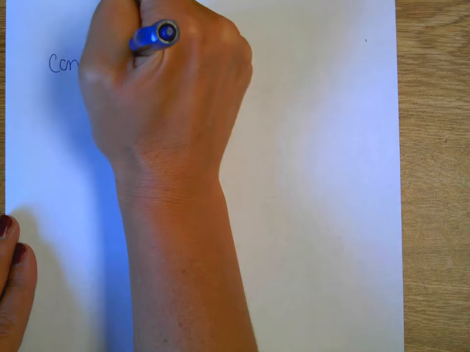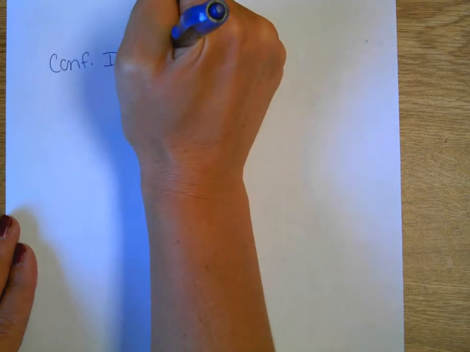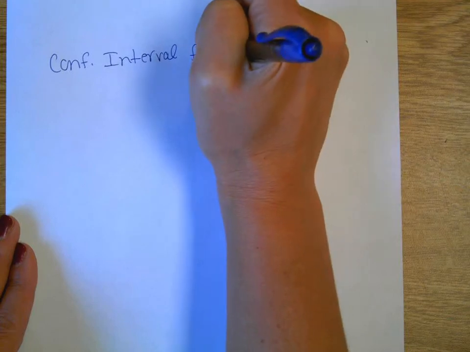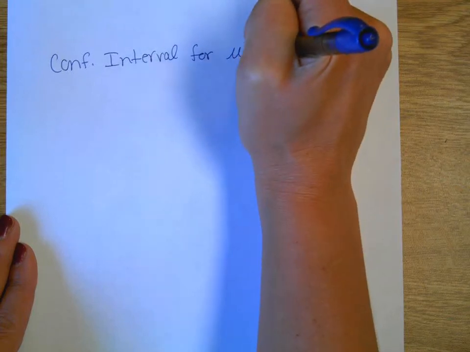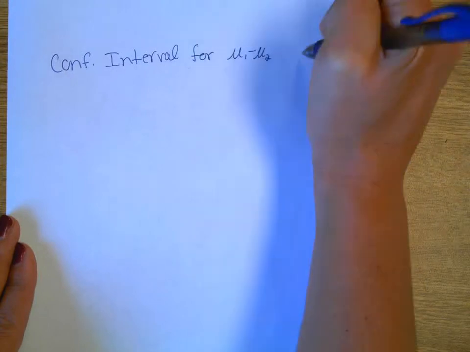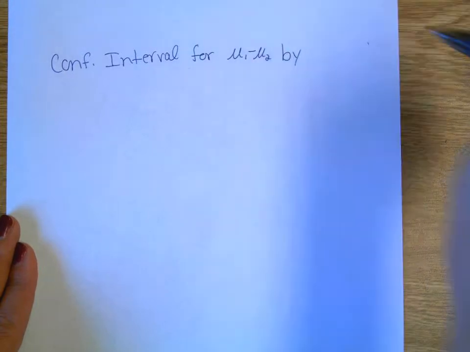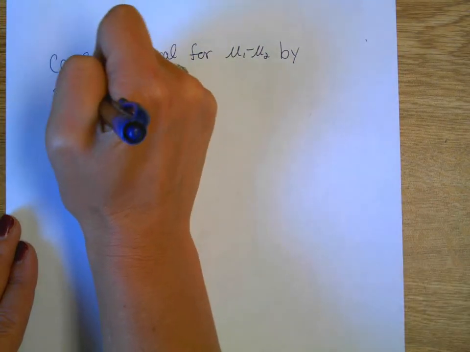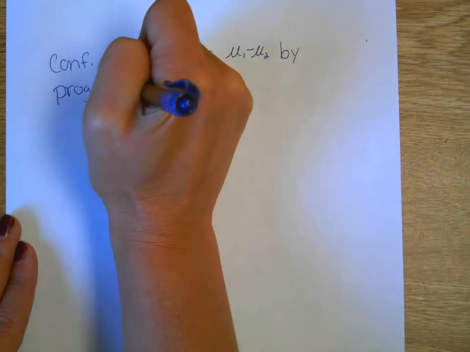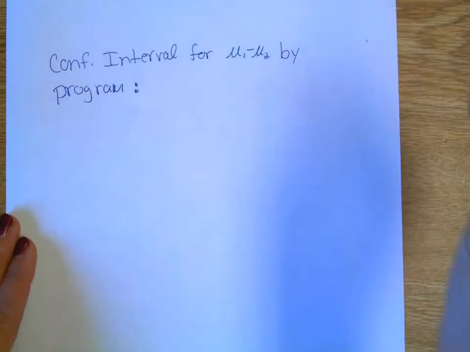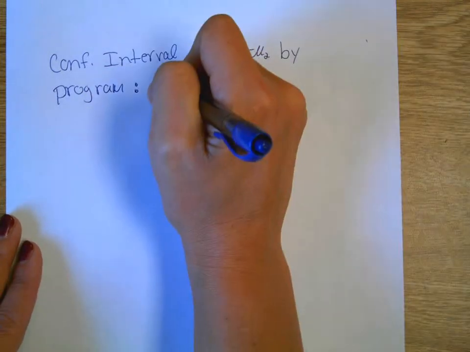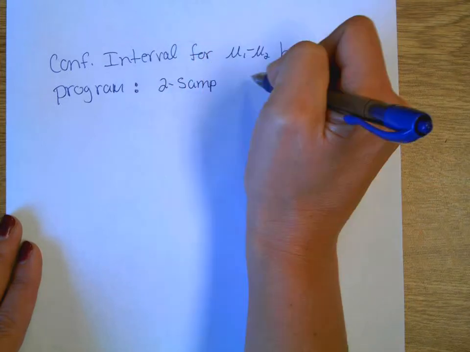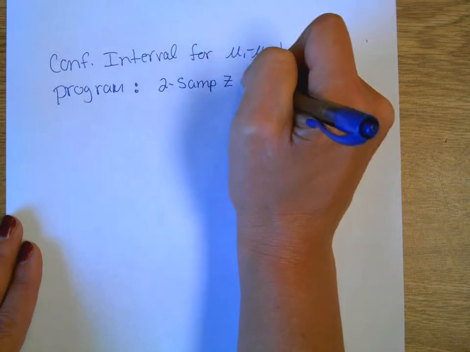Confidence interval for mu1 minus mu2. About a quarter of what we've had. The program is called 2SampZInt.